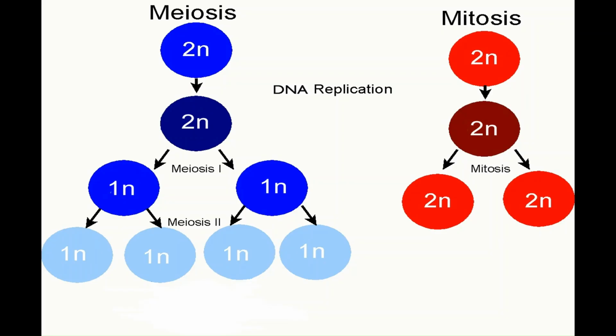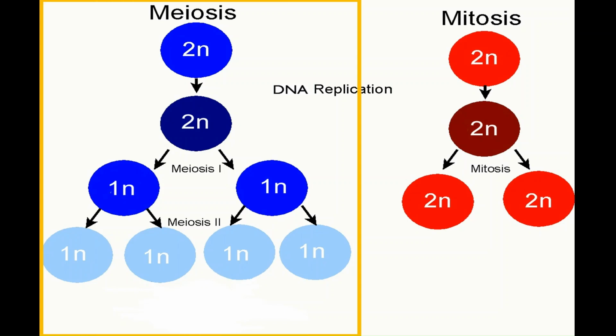All right, so we have meiosis and mitosis on our screen. We need to understand that our focus will be on meiosis. Here, instead of drawing chromosomes, we have represented the number of chromosomes using a numerical value. So 2n means diploid, 1n means haploid.